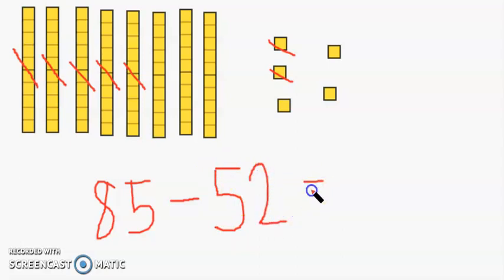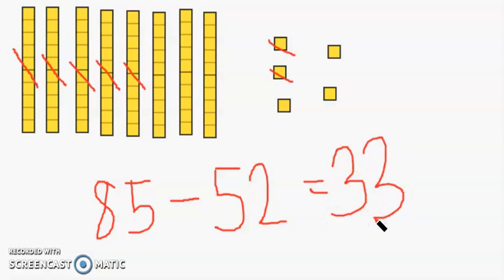So how do I figure out the answer with the place value blocks here? Yeah, you're right. I'm going to look at how many place value blocks are left to find out the difference between 85 and 52. So I see that there's how many 10s and how many 1s? Yeah, you're right, 33.